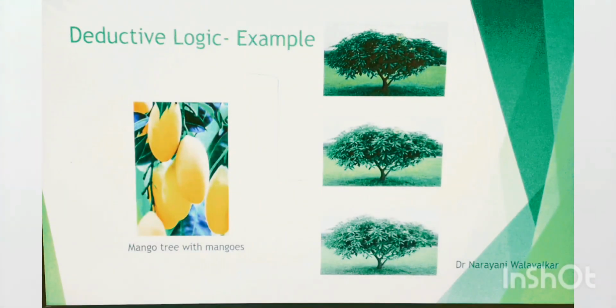For example, you have a mango tree in your garden with very beautiful yellowish and sweet mangoes. So whenever you look at any mango tree around you, you will conclude that all those mango trees must have yellow colored and sweet mangoes on them. That is deductive logic.